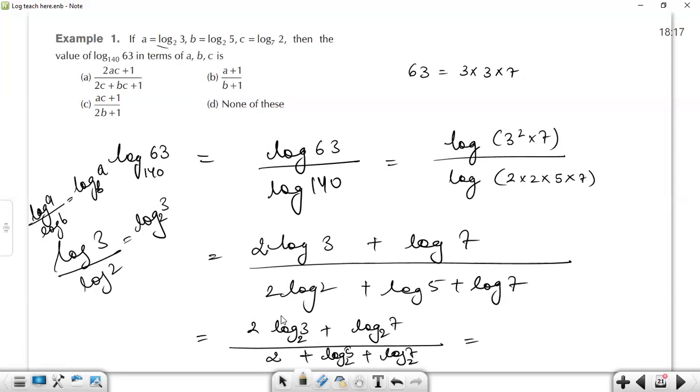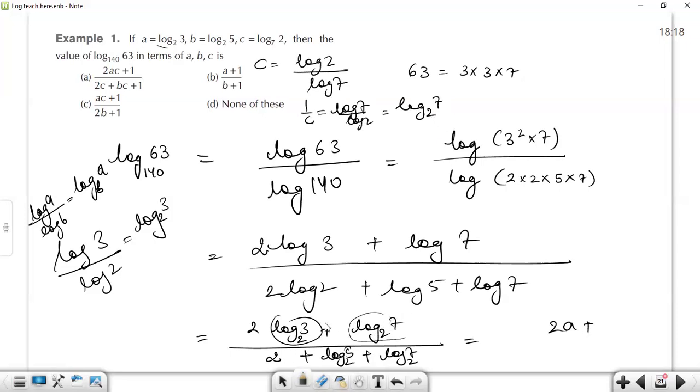So now we can substitute this. This is what? A. 2a plus this is what? Please try. This is what? log 7.